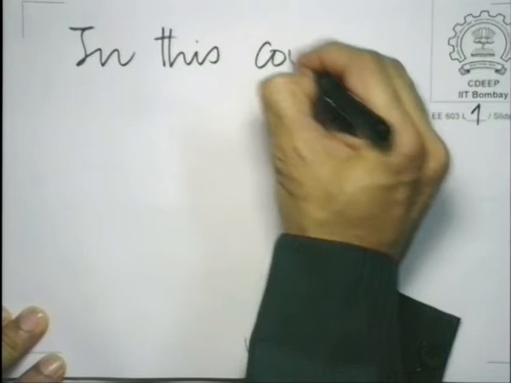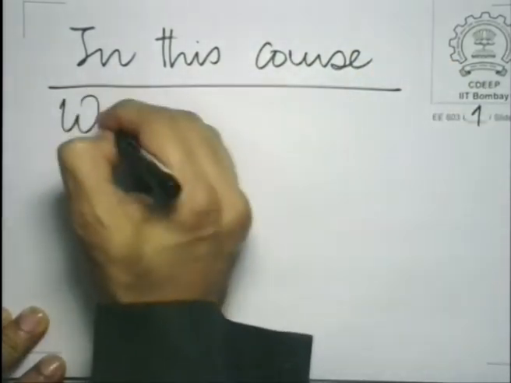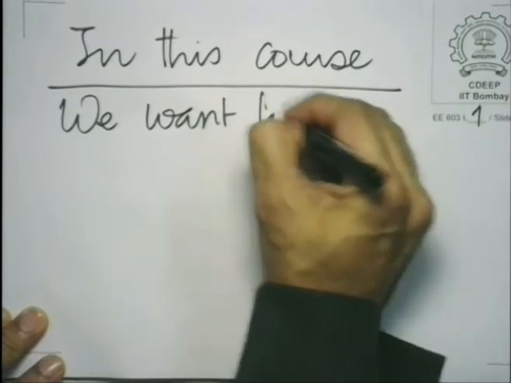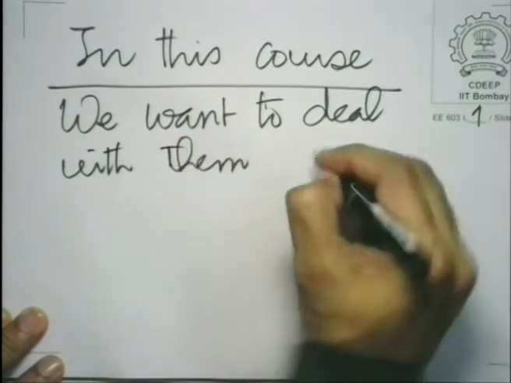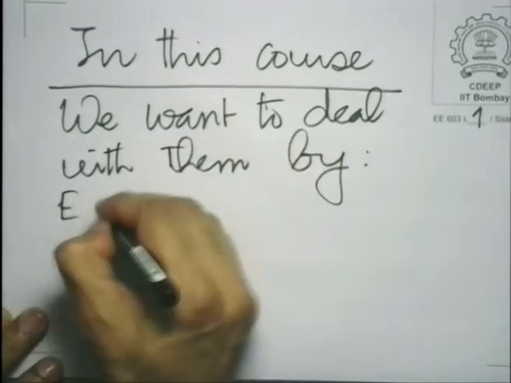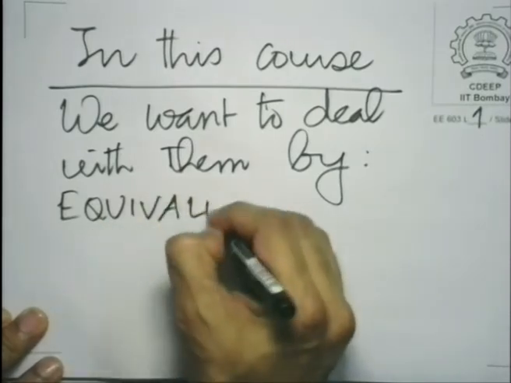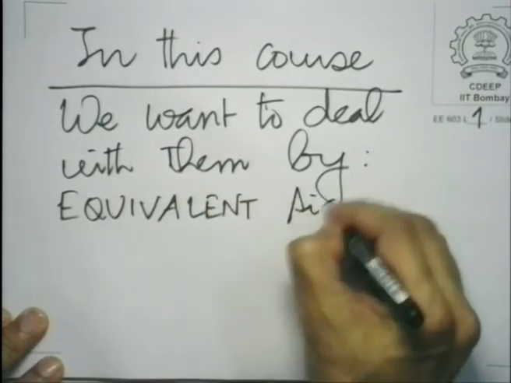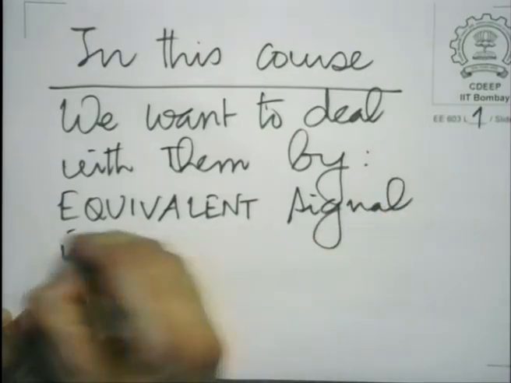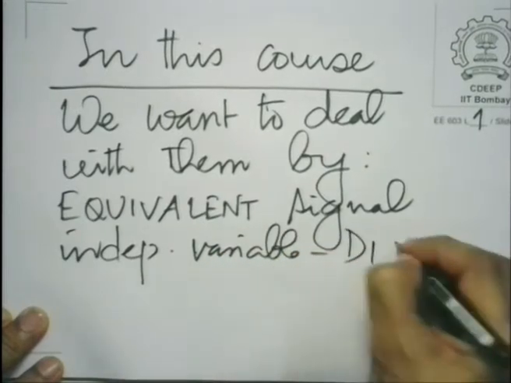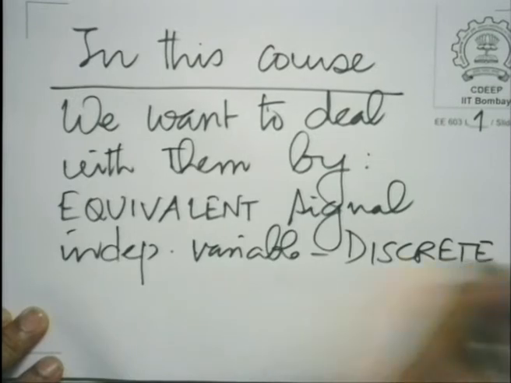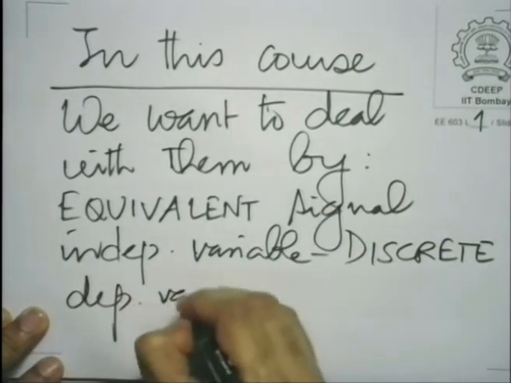In this course, we want to deal with them by an equivalent signal, where the independent variable is discrete, but the dependent variable is continuous.